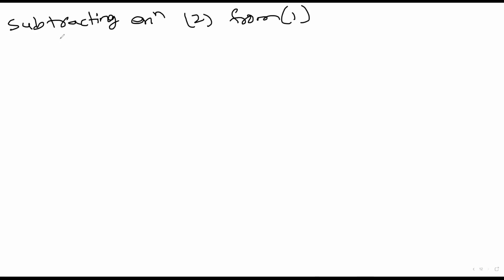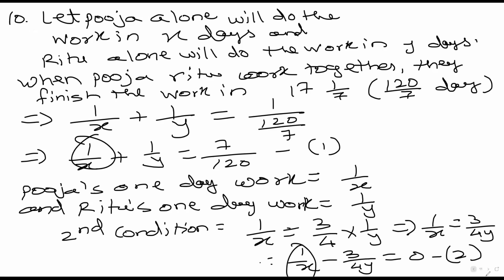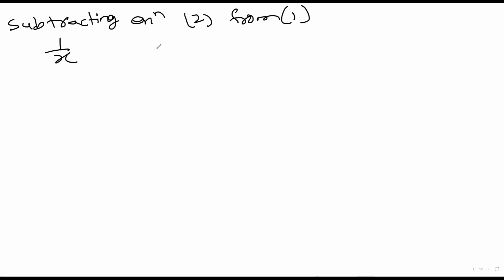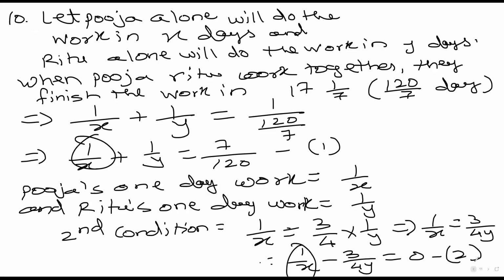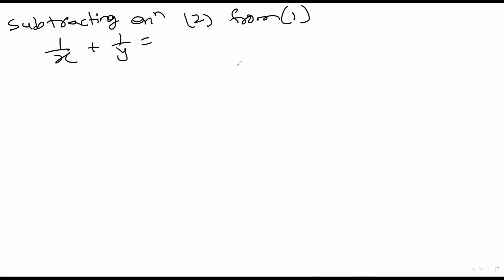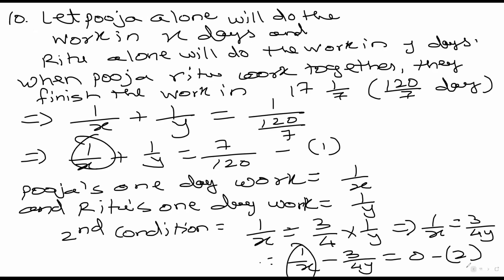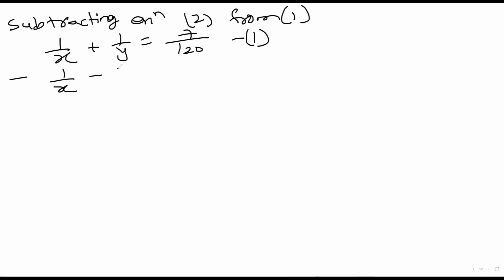Write down, subtracting equation 2 from 1. So you get 1 upon x plus 1 upon y is equal to 7 upon 120, minus, 1 upon x minus 3 upon 4y is equal to 0.